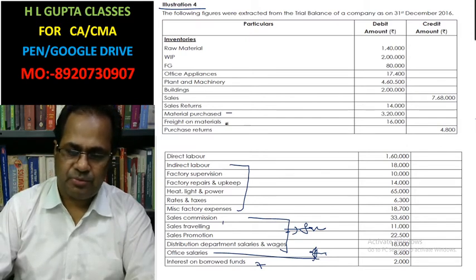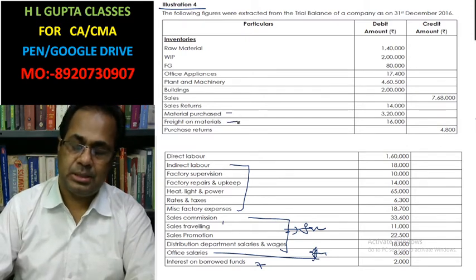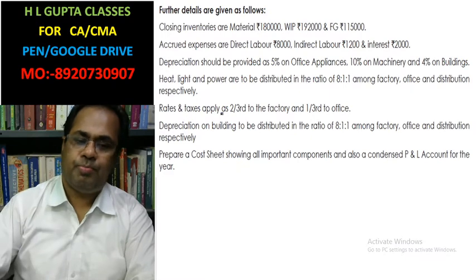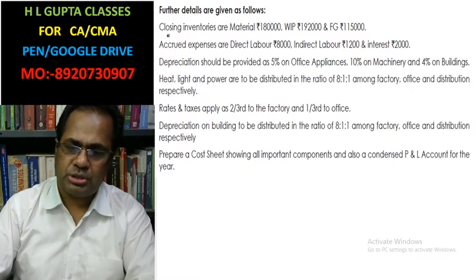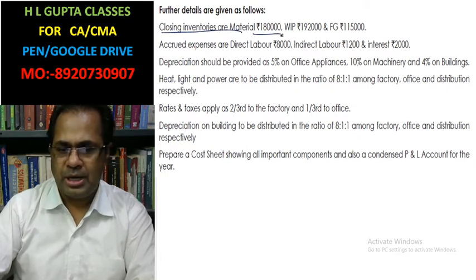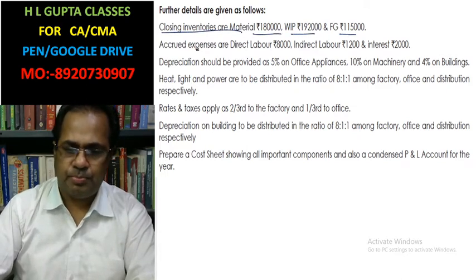Material purchase and freight on material are included in the cost of the material, and the return will be subtracted. Now the closing work in progress and closing inventory of the material are given here, 1,80,000, with work in progress and finished goods.